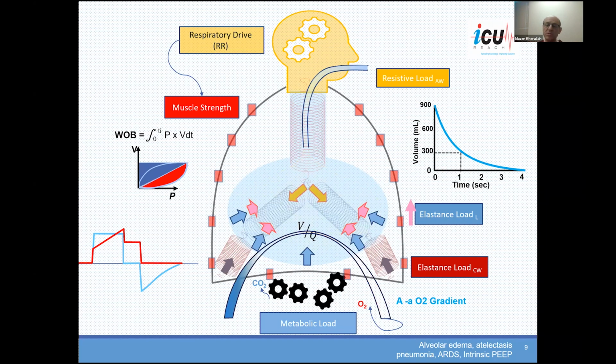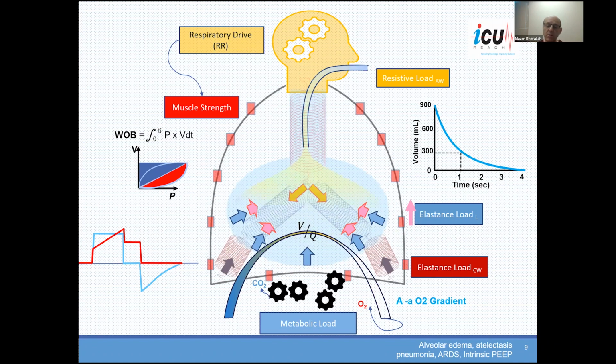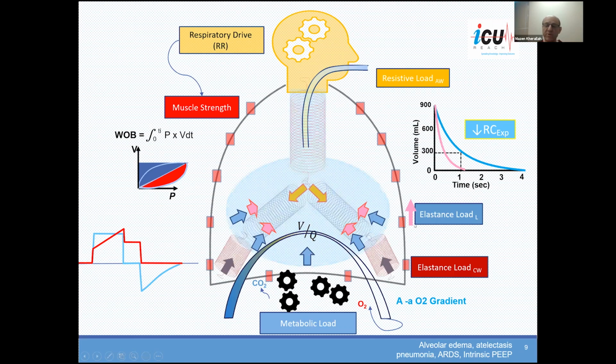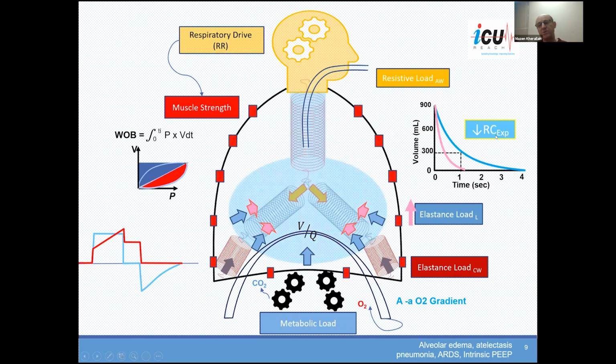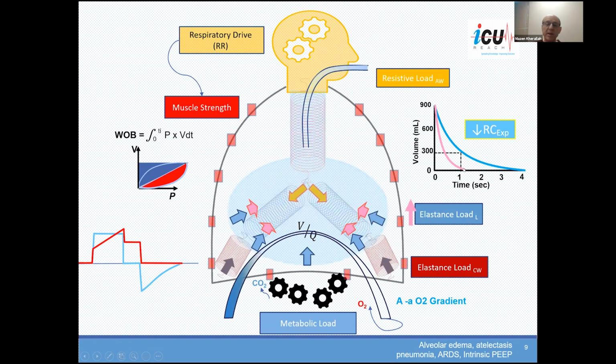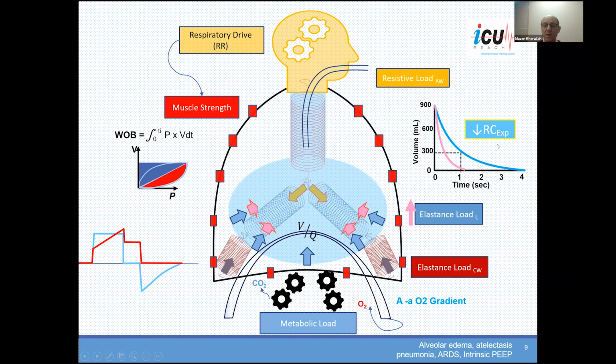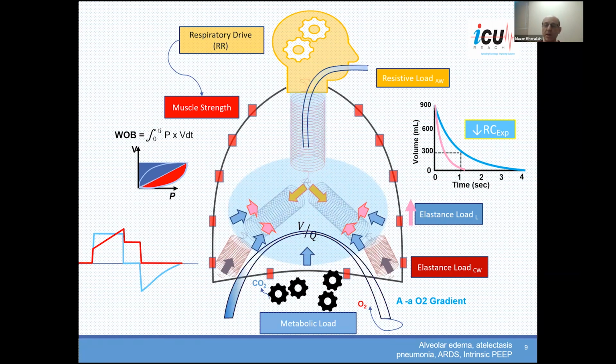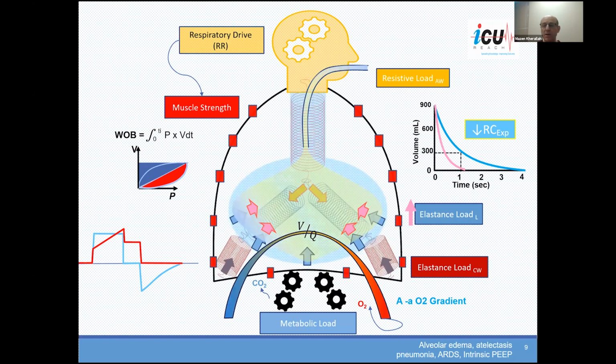Once there's increased elastance of the lungs, at that time the RC will be decreased. It's related to decreased compliance of the patient. So if the elastance is increased, that means the compliance is decreased, and the time constant for that patient is decreased, meaning that it takes shorter time to inhale or exhale. This is the expiratory time constant, but the inspiratory time constant would also be decreased, and the patient would take shorter time to inhale and shorter time to exhale.